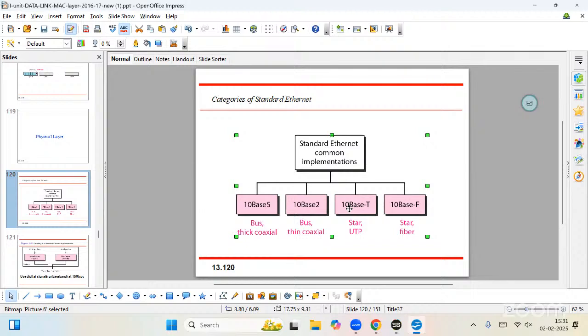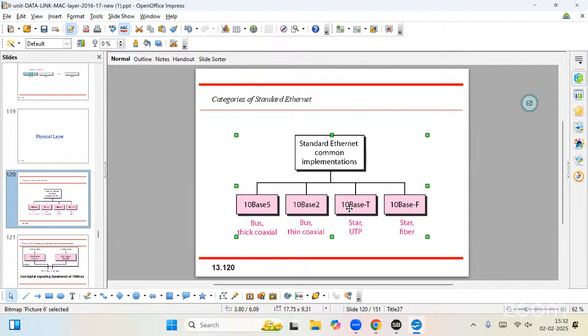Baseband signal. For 10Base5, 10 is the speed, Base is the signal, and 5 is the distance.